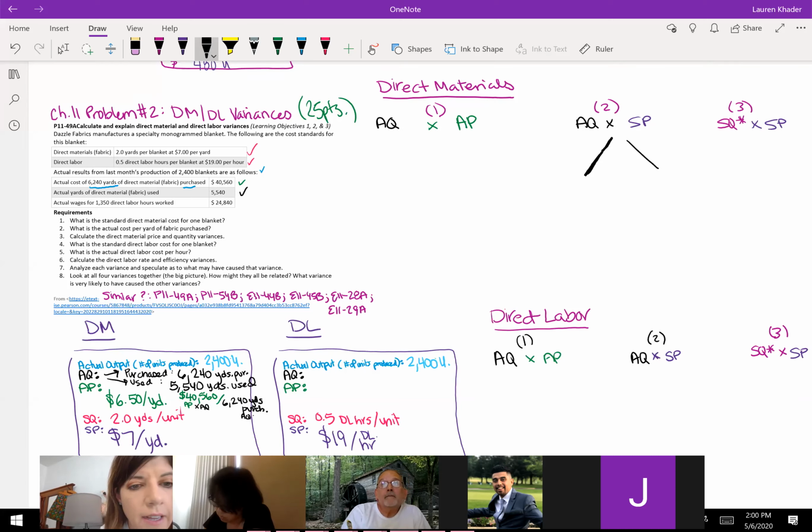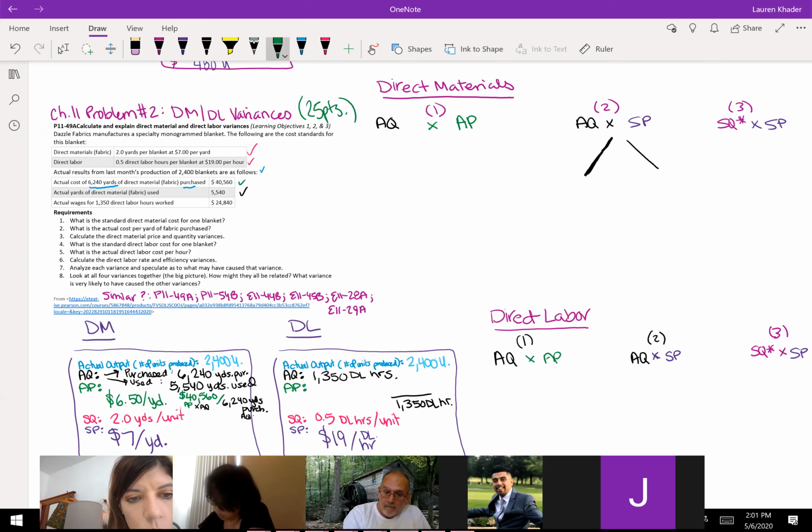For the last line of information given, actual wages for 1,350 direct labor hours worked was $24,840. So actual quantity for direct labor was 1,350 direct labor hours. And we're going to use that to calculate the per hour actual price.